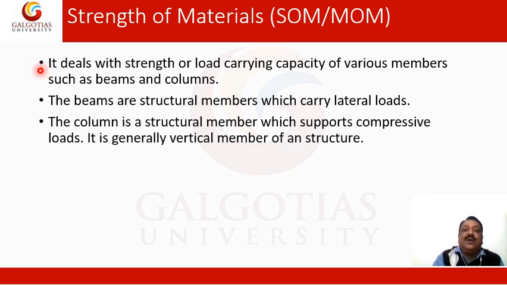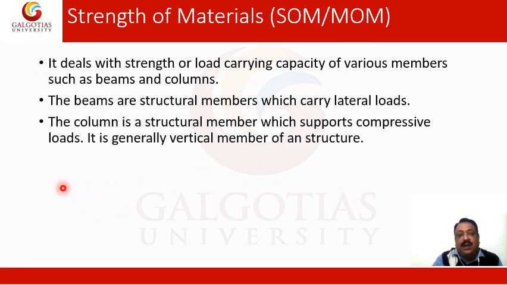So that is the way where you will like to know the strength or the load carrying capacity of various parts or various members, which are called in structures as beams and columns. What are beams? Beams are basically the structure members which carry lateral load perpendicular to them.